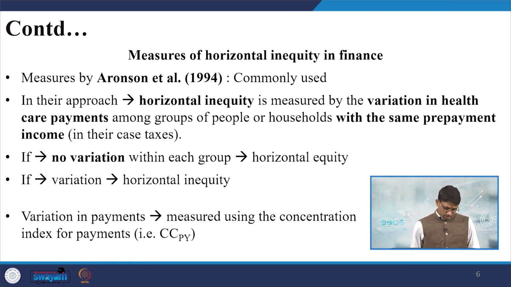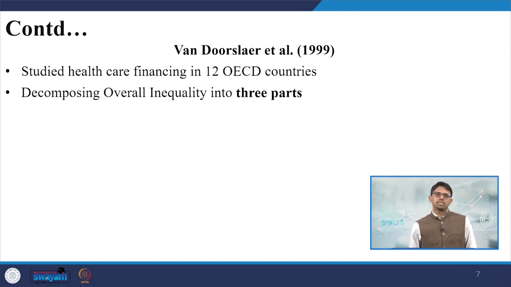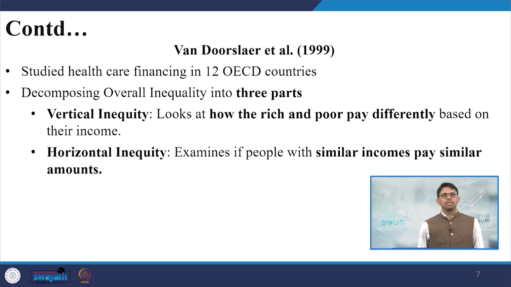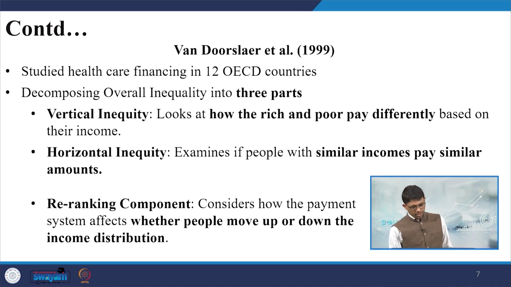So CCPY, which we discussed, is payments given the income. We are referring to Wagstaff et al., 1999, emphasis and findings. They studied healthcare financing in 12 OECD countries and decomposed the overall inequality into majorly 3 parts. One is vertical inequity, then horizontal, and the last one is called the re-ranking component.